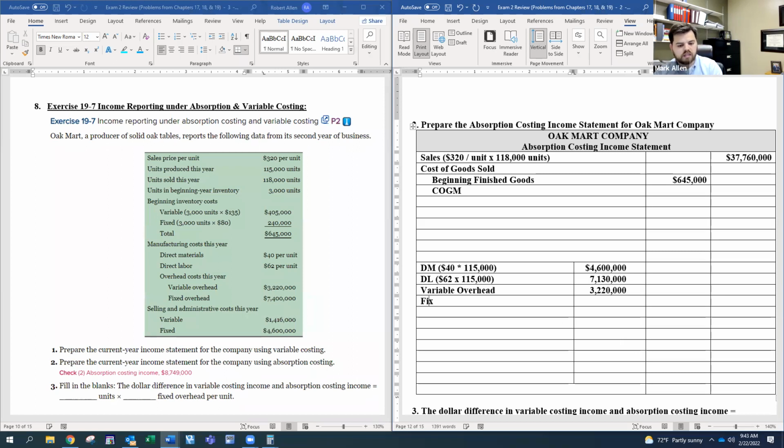And of course, our last piece here is our fixed overhead. So our fixed overhead, in this case, given, $7,400,000. That will allow us to compute our total manufacturing costs. Now, when we add all of this up, this is $22,350,000.